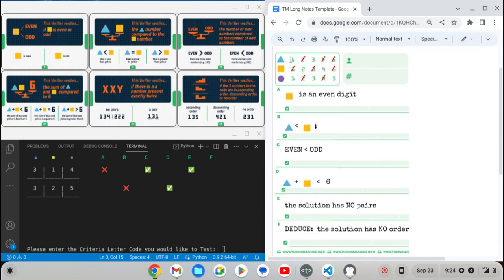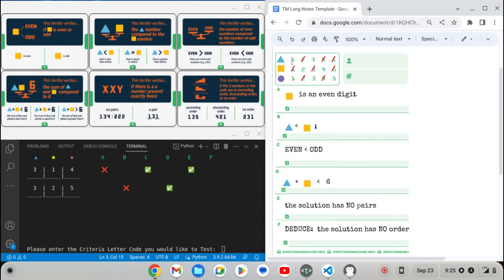Could triangle be 1? If there's to be no order, it would be 1, 2. Well, it can't be 1, 2, 1 because they're supposed to be unique, and of course 1, 2, 3, or 5 would be an ascending solution. So neither of those work out. Oh, well, I apologize. It can't be 1, 2.